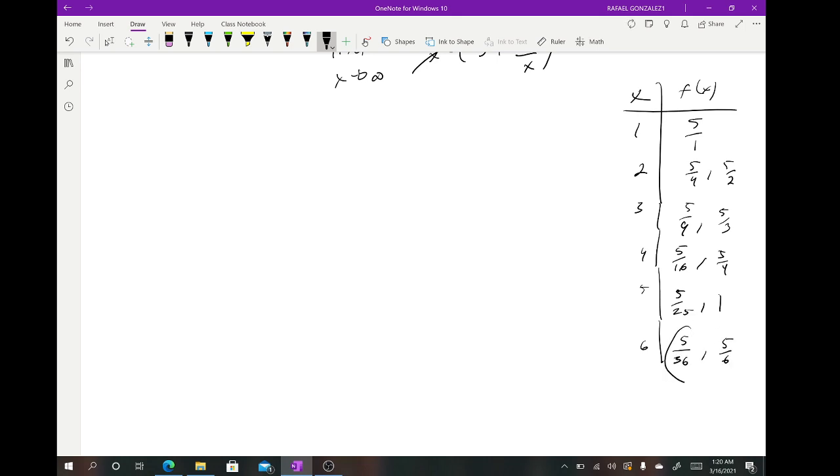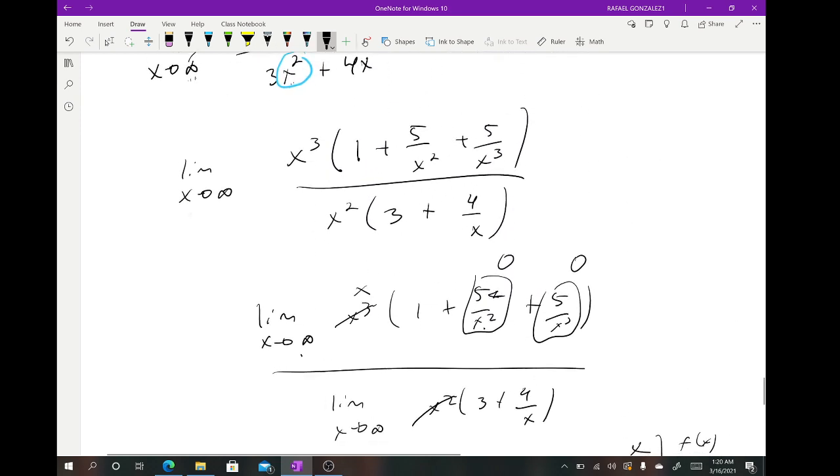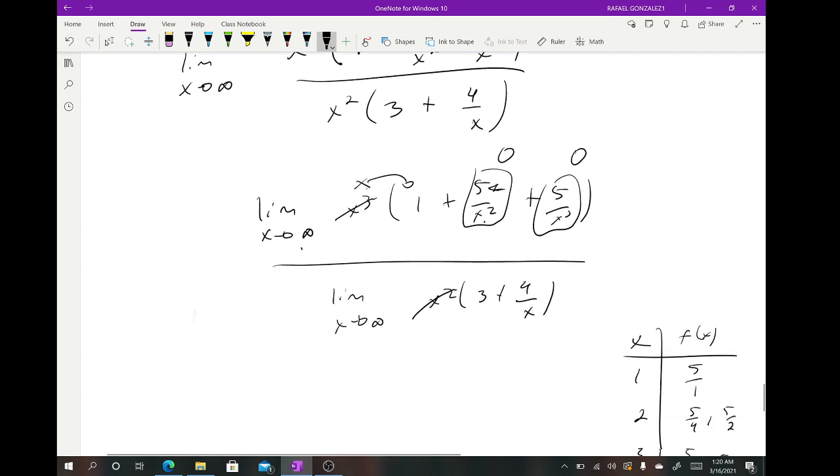So now these fractions are both less than 1. Now, the first one was already less than 1 after this step. But now both of them are less than 1. So both of them are eventually going to go to 0 because you keep making the fractions smaller and smaller. So in the top, what you really have is simply just x times 1.